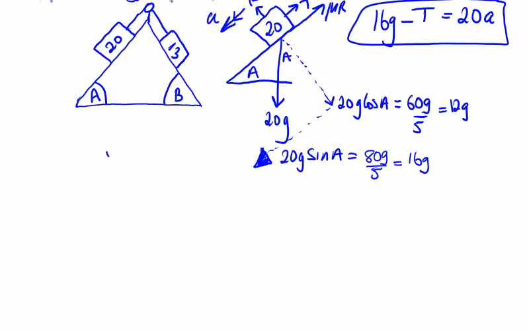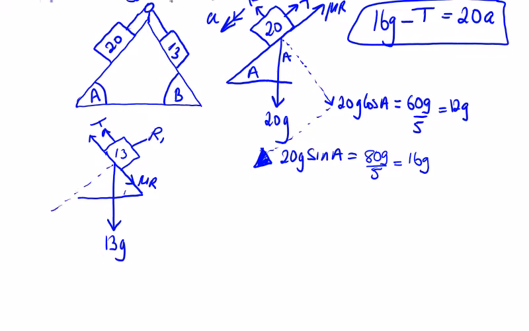So we look at the 13 kilogram mass. We have my string. We call the first one R, we call this R1. It's going to be going up the plane, so mu R is going to be resisting that motion. We have 13G, and in this direction we have my angle B here and here.